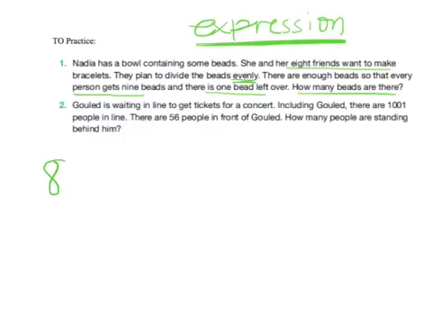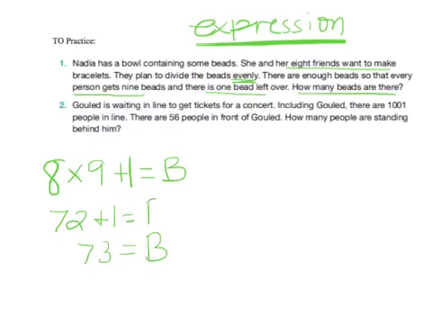So 8 groups of 9, times 9, and there's 1 left over, so 1 extra bead, which equals the number of beads in total. This would be my expression. I'm using inspection here to figure it out. 8 times 9 is 72, plus 1 would make it 73. So that means the number of beads is 73.